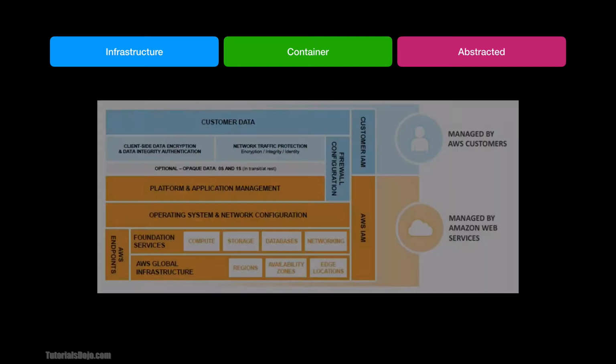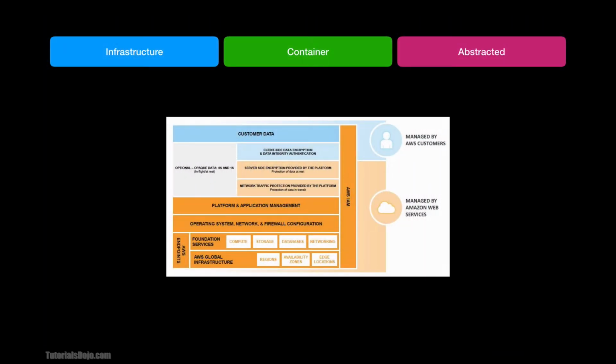Lastly, for abstracted services, all of the resources are now handled by AWS, including the IAM service. You are only responsible for your own data. You can secure your data by encrypting it before uploading it to the service, and AWS will handle all of the underlying resources needed. This is what it means when we say fully managed service. AWS is fully managing the service for you.